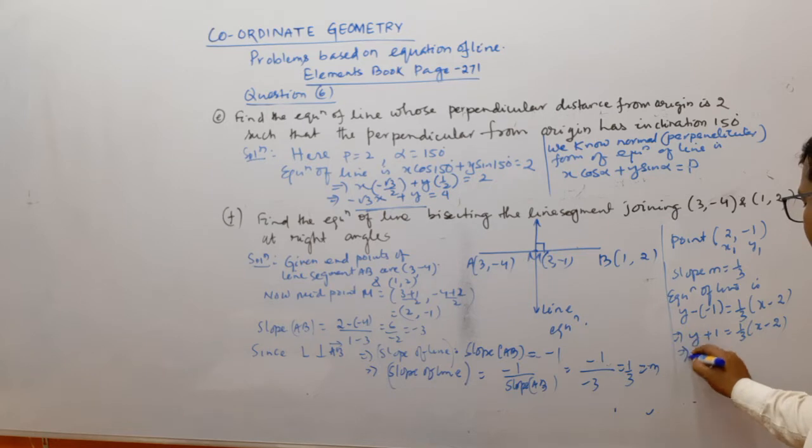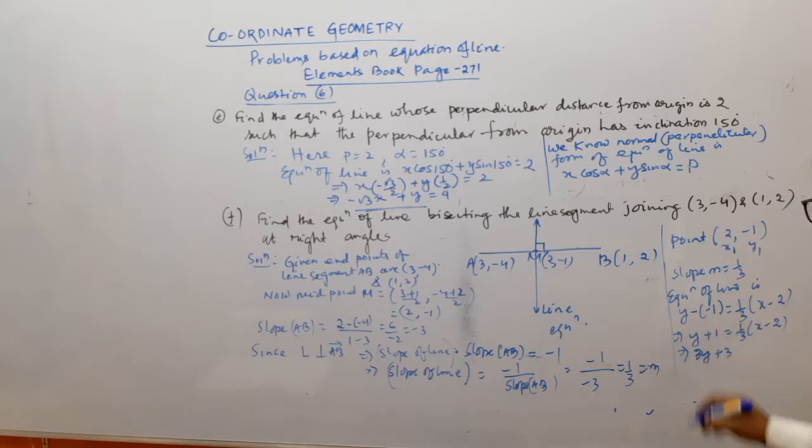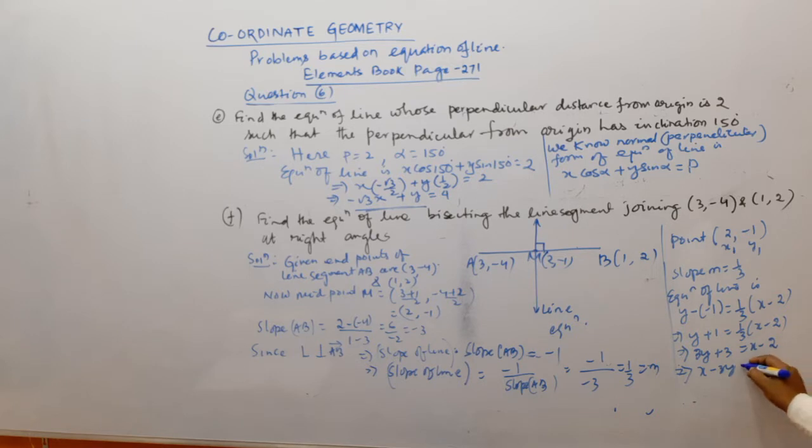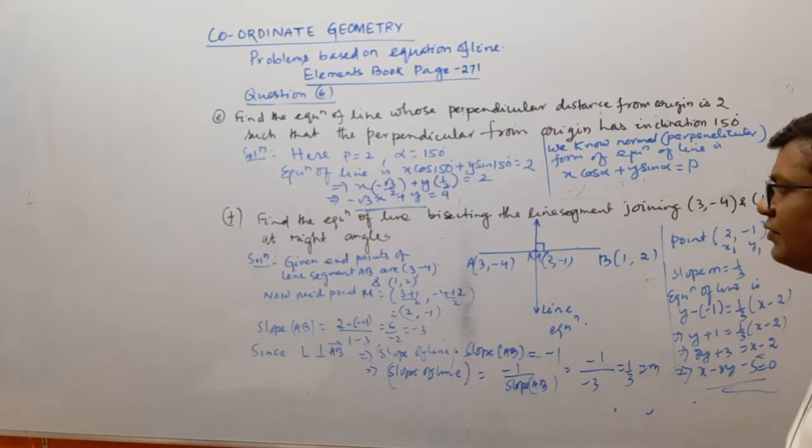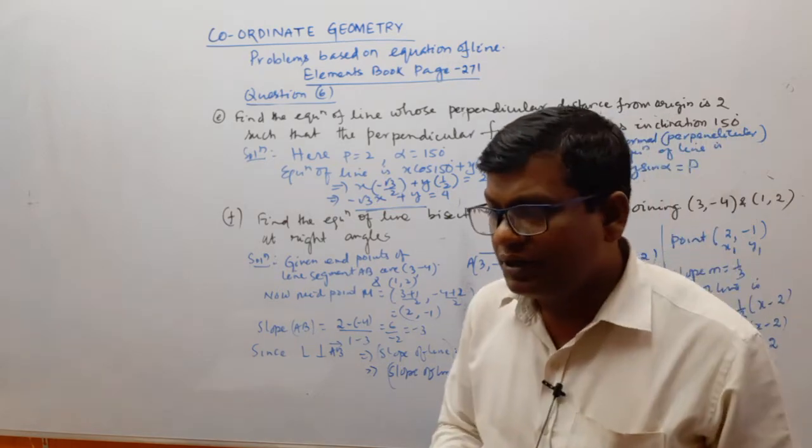Or 3y plus 3 is equal to x minus 2. Or this will be x minus 3y minus 5 is equal to 0. This is the equation of the required straight line.